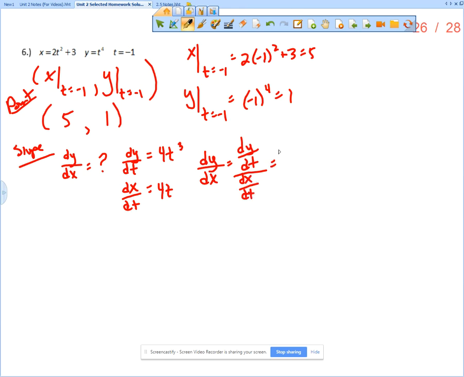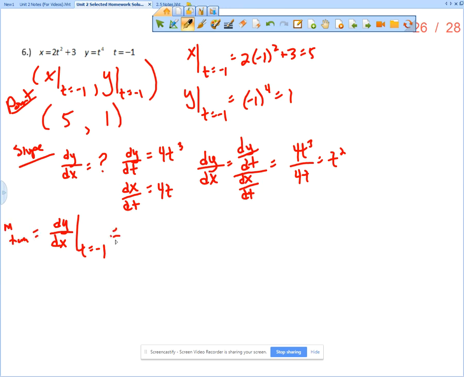So dy dt is 4t cubed and dx dt is 4t. If I simplify, I get t squared. So dy dx is t squared. We want to evaluate dy dx when t is equal to -1, because then we will find the slope of the tangent line.